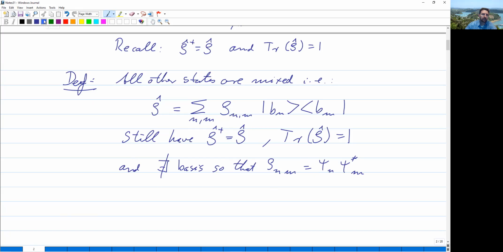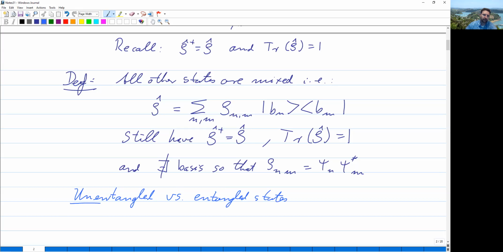But now let's look at entangled versus unentangled states.